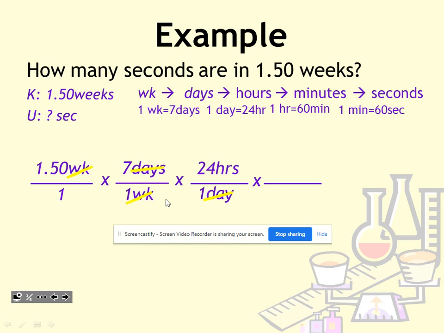Same thing. Set up another one. Hours on the bottom, minutes on the top, hours cancel. And minutes on the bottom. Finally, seconds on the top, minutes cancel.